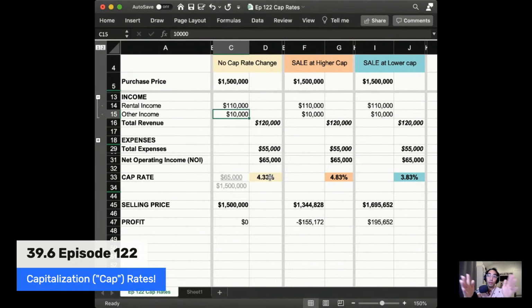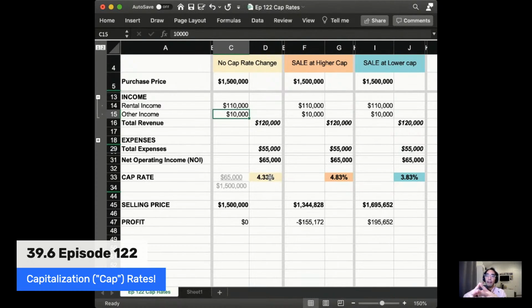For example, over whatever the previous 12 months is, you're looking at your financial statements over the past 12 months and you see what your net operating income is. You can also look at market cap rates at that time and see what the market value for your property is, and you can see what the market cap rate might be, or vice versa.